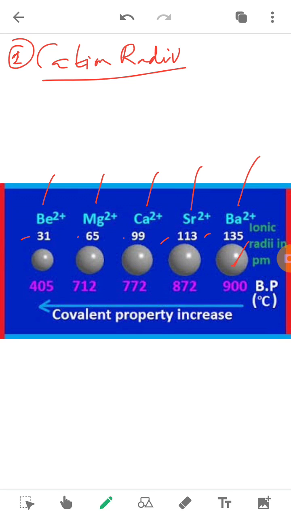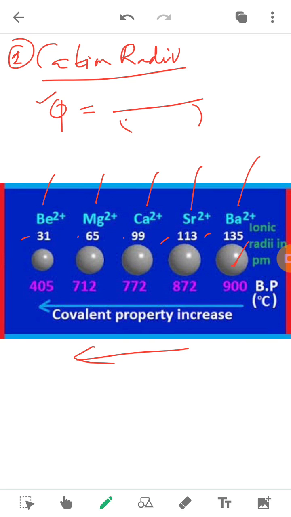And what we are seeing is that the covalent character is increasing in this way. As we know, down the group, what happens? Down the group, the cation radii will increase. But we have just seen that cation radii was in the denominator, so it has to decrease so that the phi value is more for covalent character.